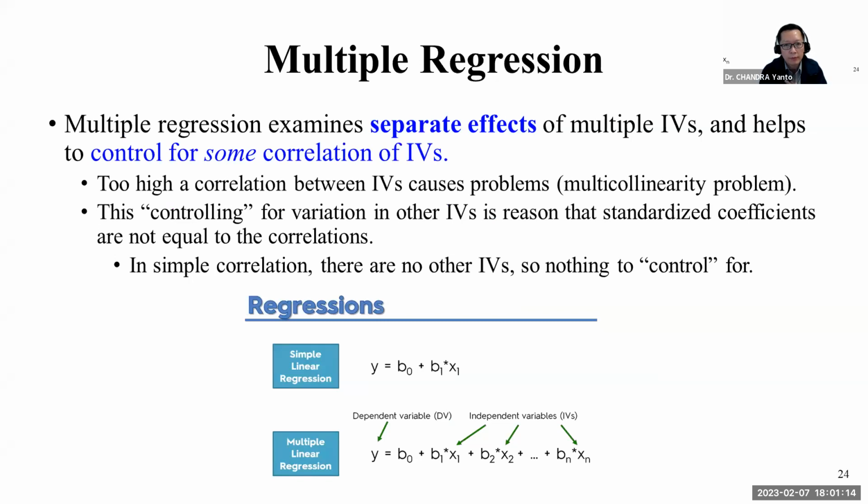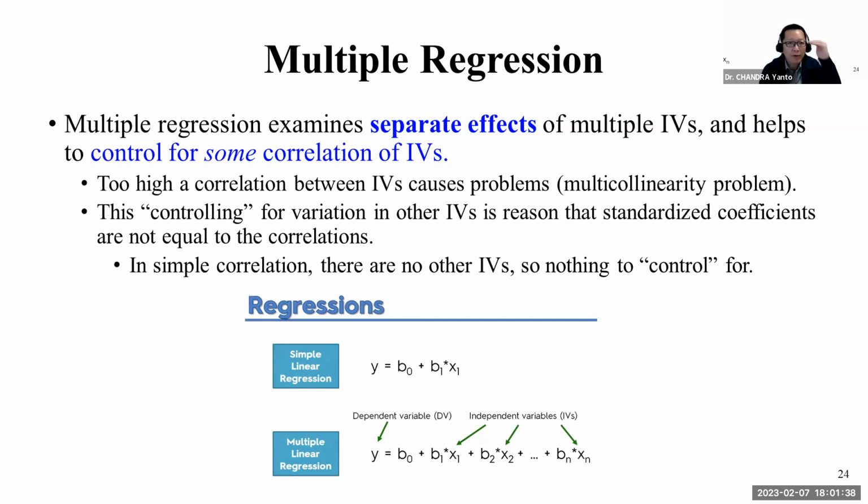In multiple regression, you are interested in examining the separate effects of multiple independent variables and also controlling for some correlation among your independent variables. Remember we talked about the assumption testing on multicollinearity in the previous video? When you have a very high correlation among your independent variables, this is called multicollinearity, and you don't want this.